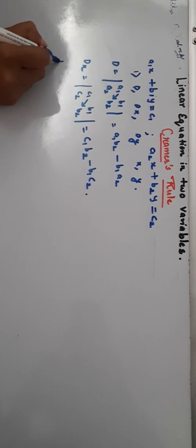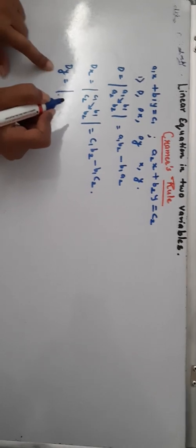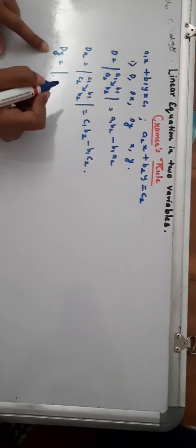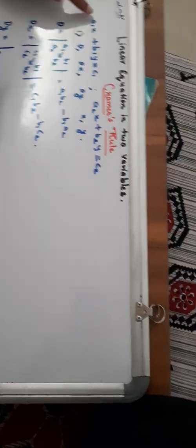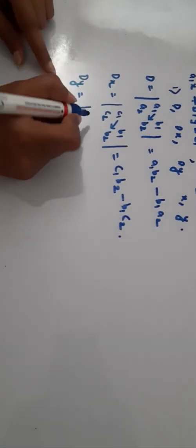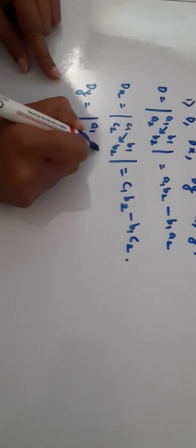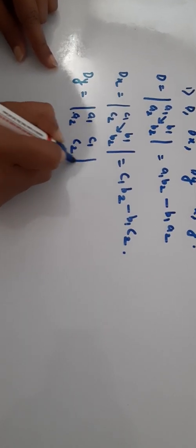Okay. Then for Dy, we will not be taking the coefficient of y, but we will be taking the coefficients of x and the constants. So here it will be a1, a2, c1, c2.